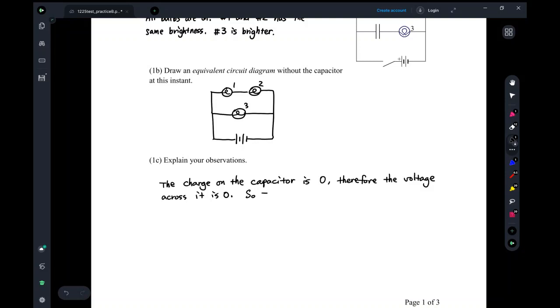So number 3 bulb has 3.0 volts across it, and it's very bright.